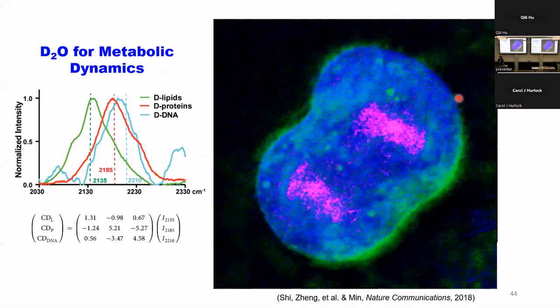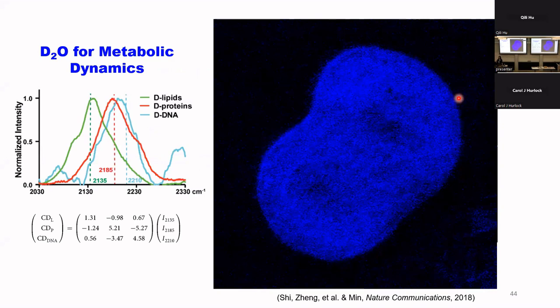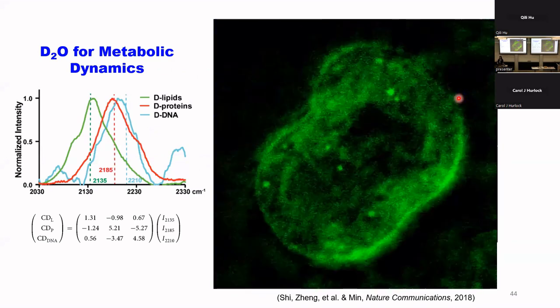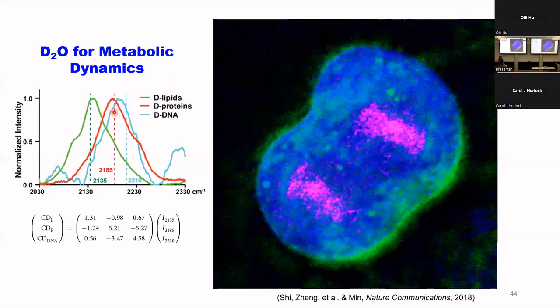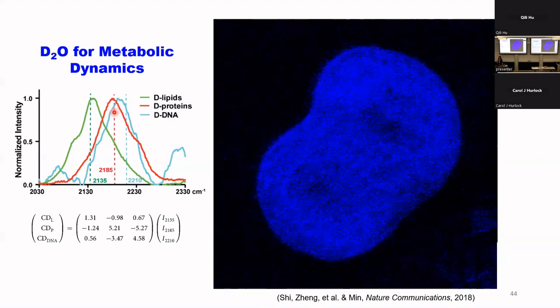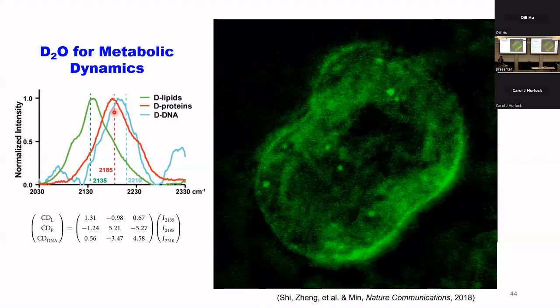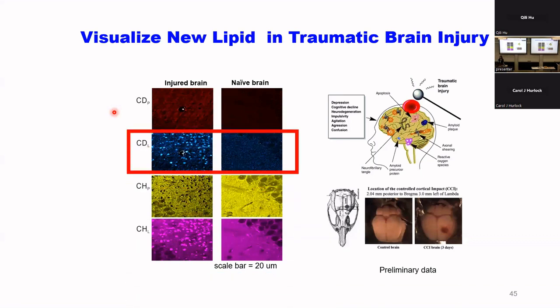This three-color image can map them simultaneously. The reason is that on the left side, although they have the CD chemical bond in different macromolecules, they generate different Raman spectrum shifts.